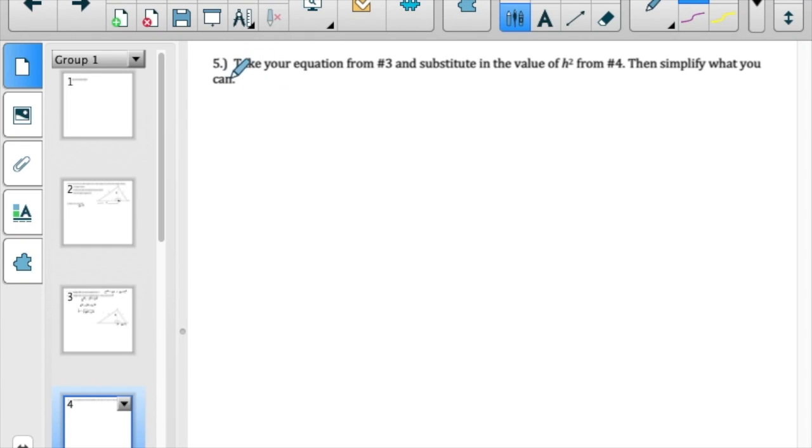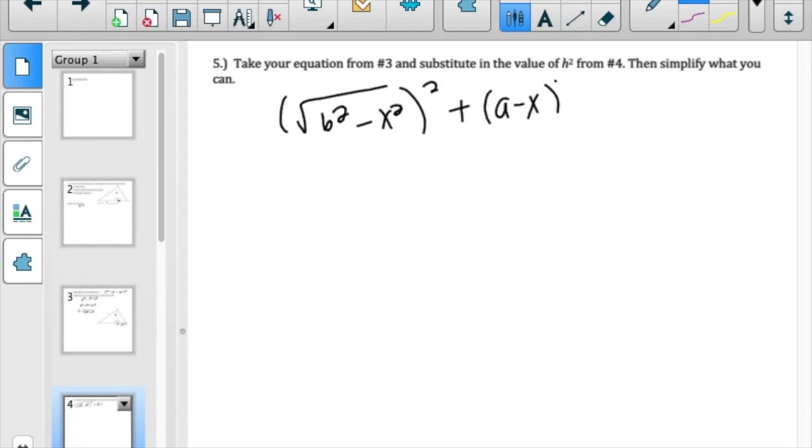So we're going to plug in the value of H, and hopefully you would agree then, if I plug that in for H, I would have the square root of B squared minus X squared, squared because I'm replacing H. The other side there was (A minus X) squared, and we know that equals C squared. So what we're doing is relating the Pythagorean theorem to a non-right triangle, okay?